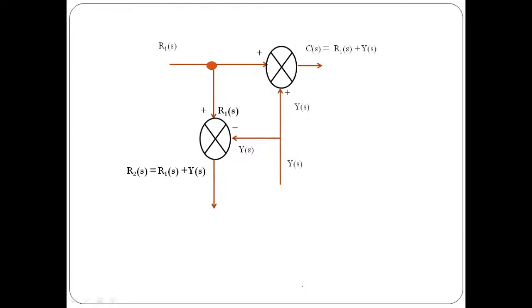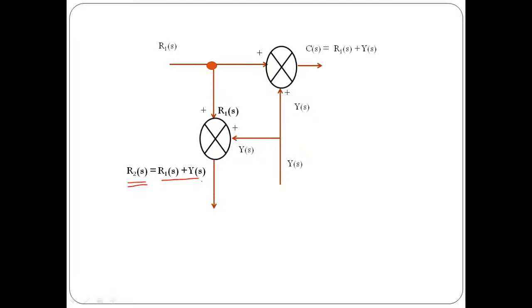If you apply that logic, you will get the same value of feedback signal. See, the value of feedback signal over here is now exactly the same as what we expected to get before we shifted the takeoff point before a summing point.